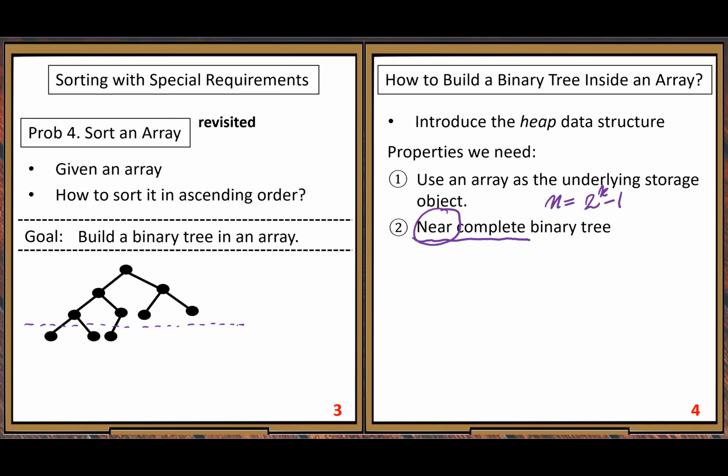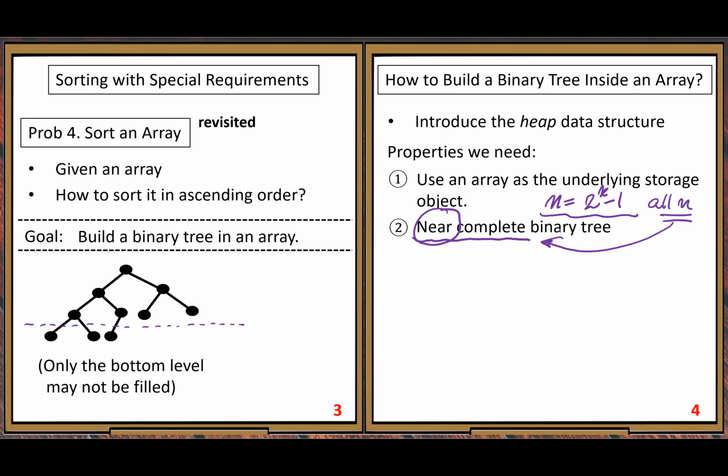But here, in order to draw this binary tree for all n, we can only take this near complete requirement. So that's the definition of this term.